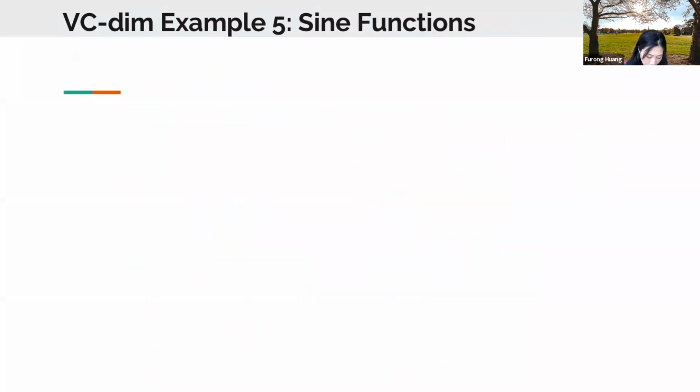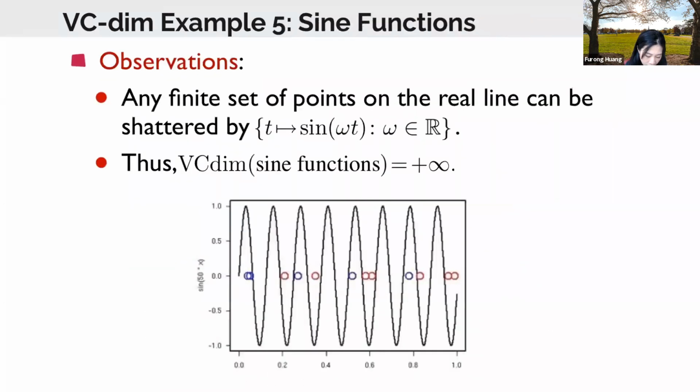So another example, I'll very quickly go through the sine function. The observation is that any finite set of points on the real line can be shattered by the sine function of this form. The sine function would map t to sin(omega t), where omega could be any real number.